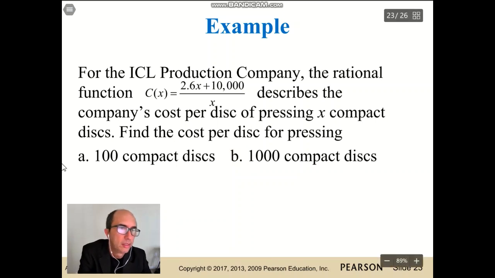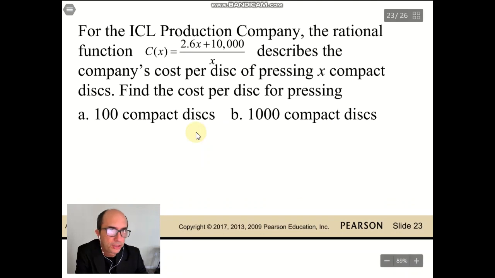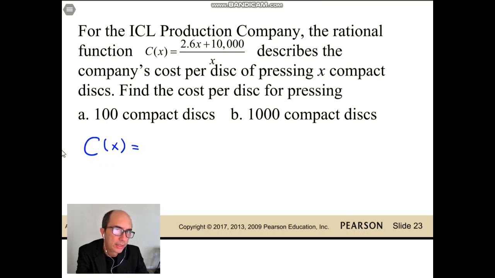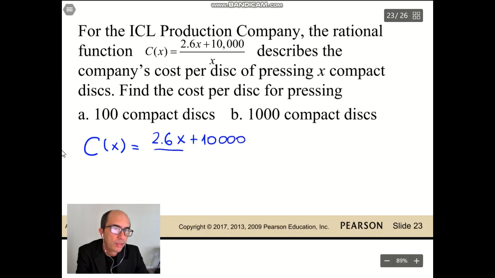We have the function, and it is a rational function. Cost as a function of x, where x is the number of discs being pressed, is 2.6x plus 10,000 over x. If x equals 100, we're just going to plug in 100 into this function.